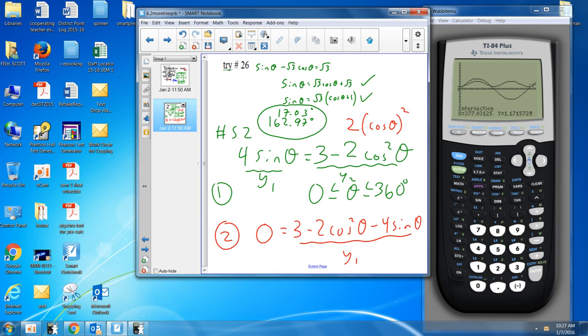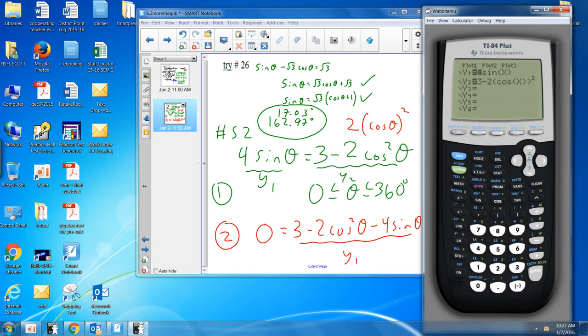You could get an equation that's equal to 0, though. If you have an equation equal to 0, then you're going to put everything into y equals. So what I'll do is just clear that out and go down to here and put in minus 4 sine theta for sine x.